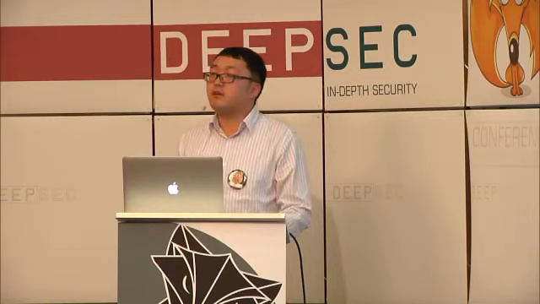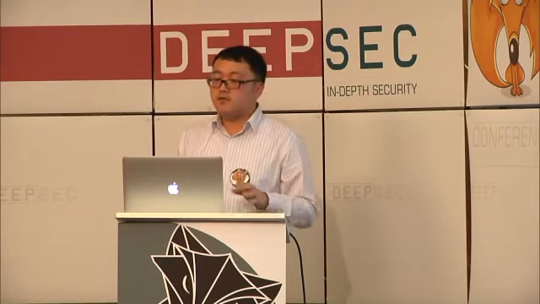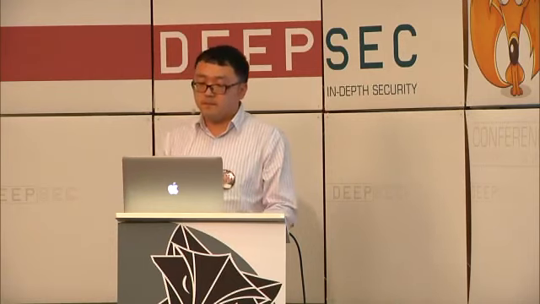To sum up, in this talk I have presented HORNET, a high-speed onion routing protocol at the network layer. There are two takeaway messages in the form of questions and answers. First, can an onion routing protocol achieve high throughput at the network layer? Yes, in this work, we have demonstrated that it is viable for an onion routing protocol to achieve high throughput, which is comparable to backbone routers.